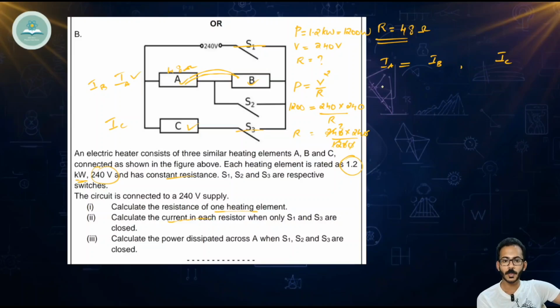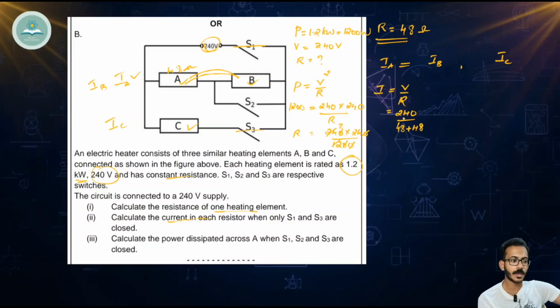So now let me find out one. I is equal to V by R. Substituting the values there. V, the potential difference there, is 240. We are able to take 240 because these two are connected in parallel with this 240 volt power supply. So altogether we'll have a parallel connection, divided by the effective resistance here, that is 48 plus 48.